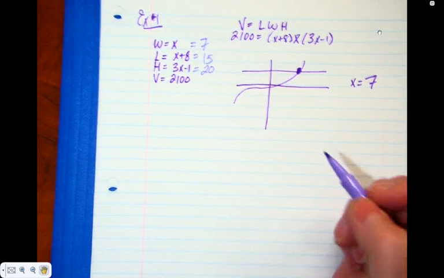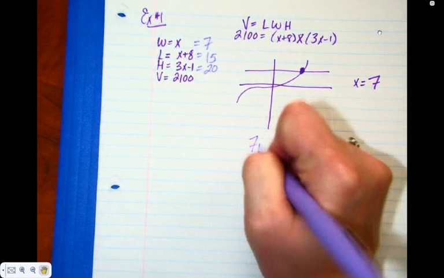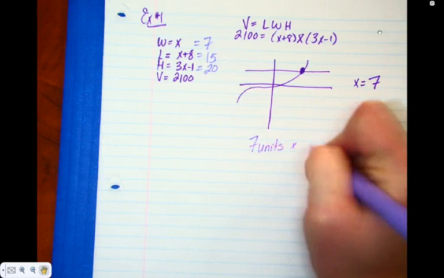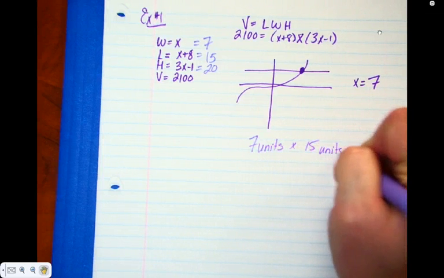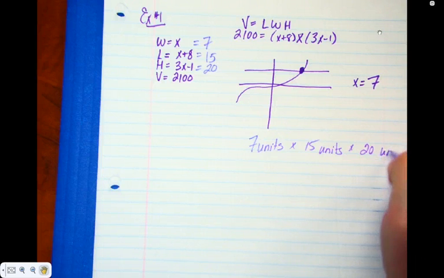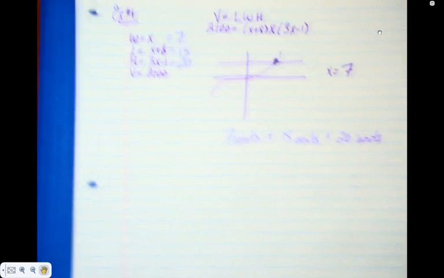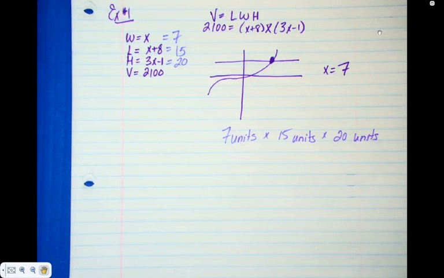It just says units. So then I just like to sum it up saying that it's 7 units by 15 units by 20 units. Way better than last year, huh? Calculator makes things nice.